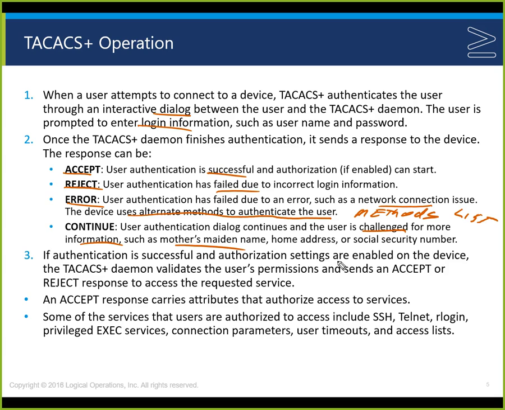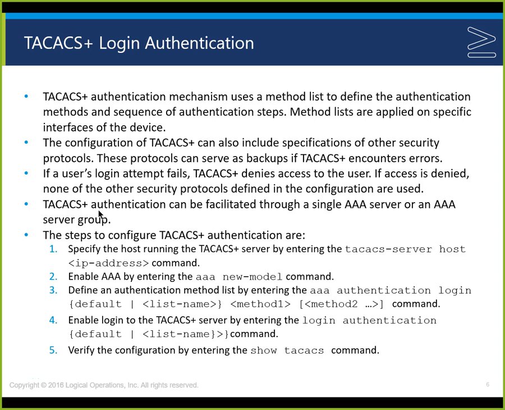If it's successful, the settings are enabled on the device, and the daemon validates the user's permission and sends the accept or reject response, with attributes that authorize access to services in the accept response itself. I don't think there's anything magic in any of these slides tonight.